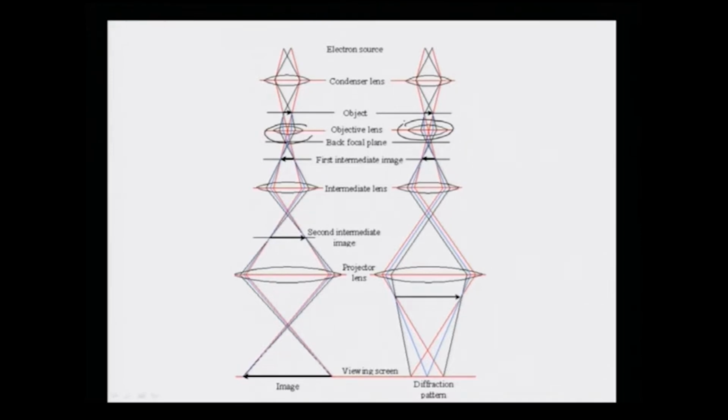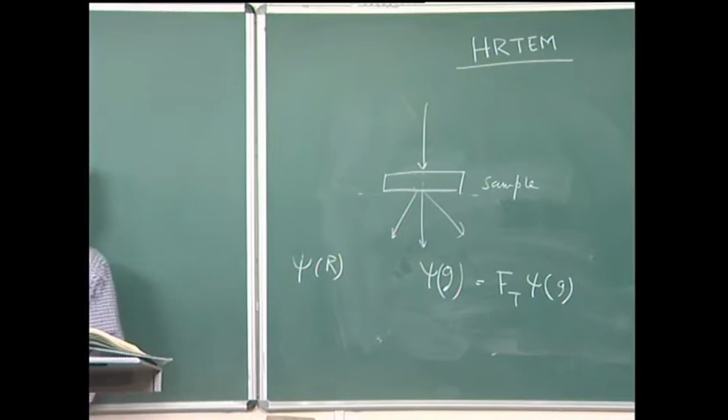So, the objective lens is behind the object. Therefore, it focuses all these waves into a plane called the back focal plane. This is the back focal plane you can see here. All the waves coming out of the exit plane are focused by the objective lens onto the back focal plane.